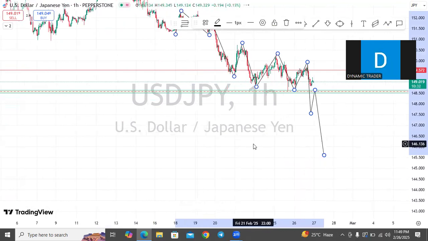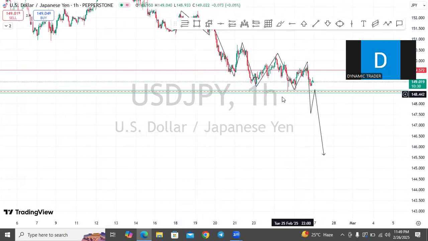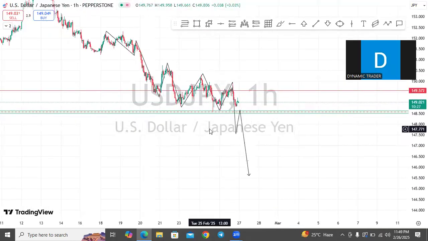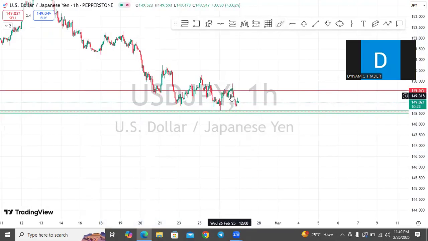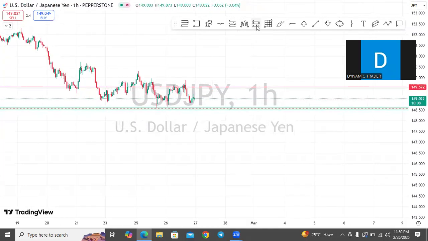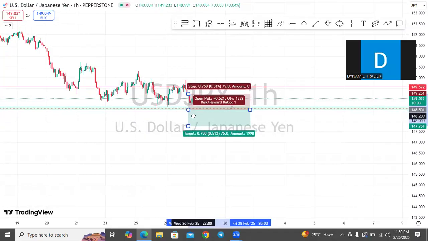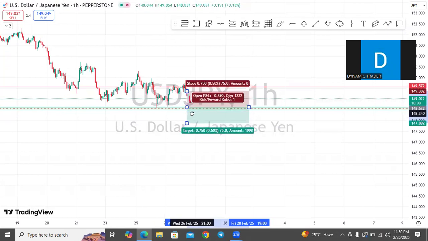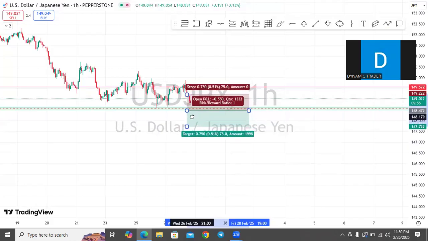On the 1 hour time frame, I'm expecting that the market should break below this point. So let me delete this. This is what I'm saying on the daily: this line was from the daily. Then on the 1 hour time frame, let's wait, because patience is the key when it comes to FX. We want to see the market break this structural low, this point here that I just marked.